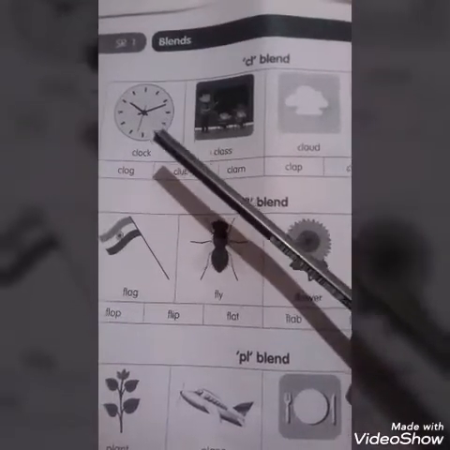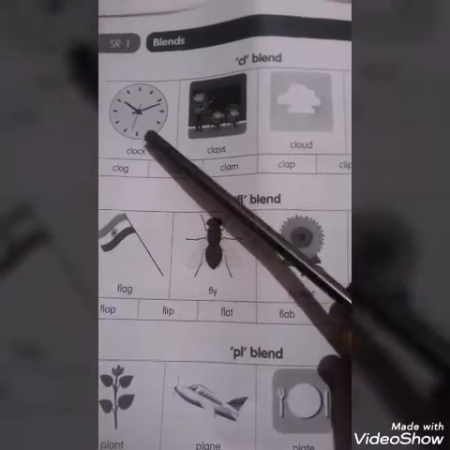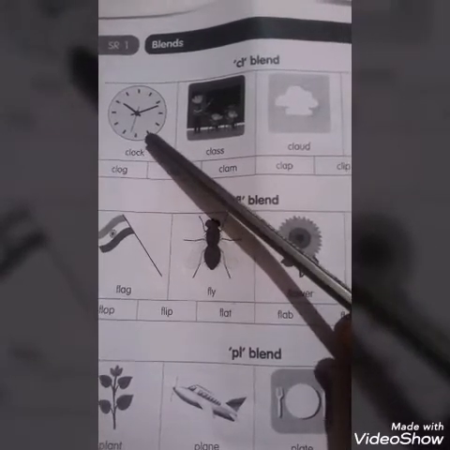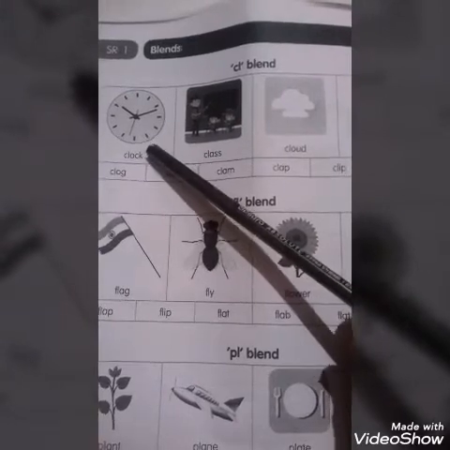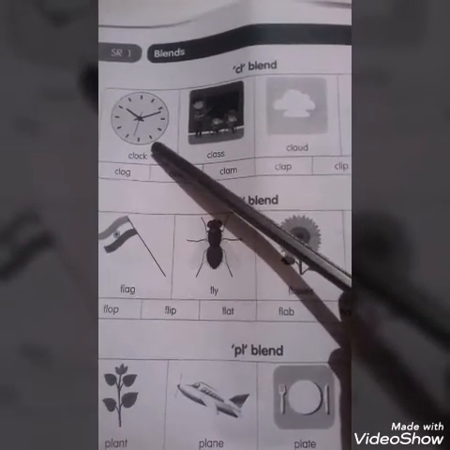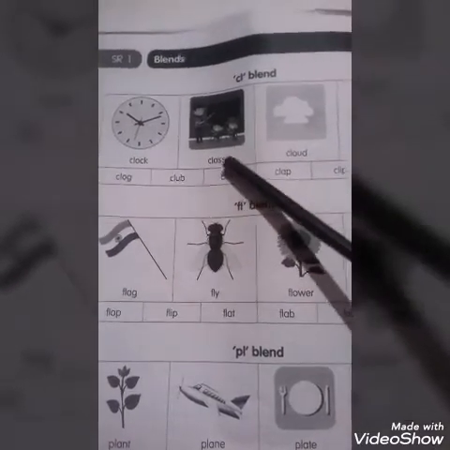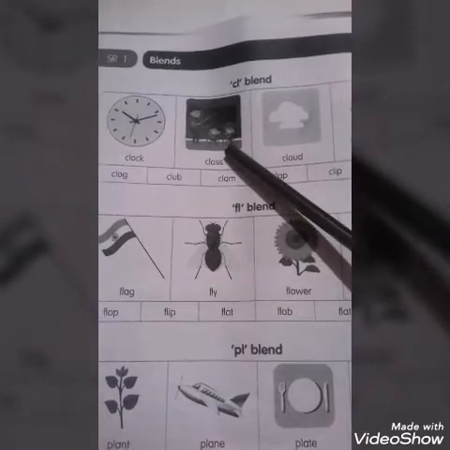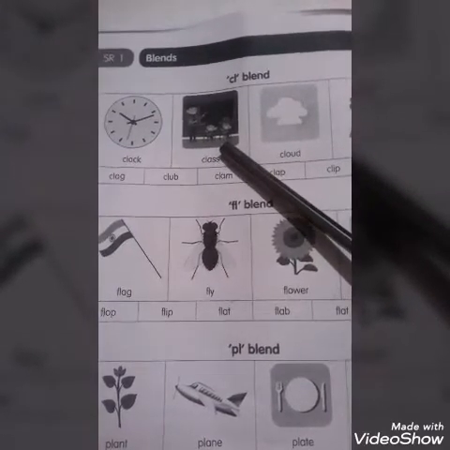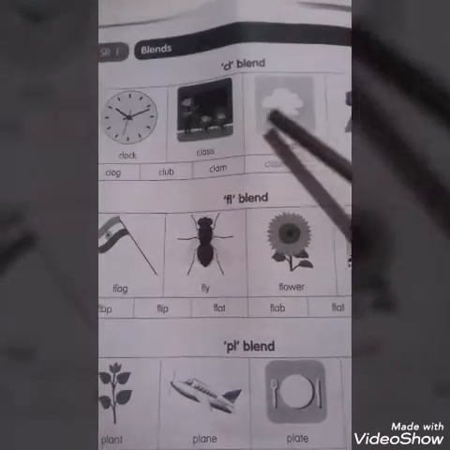Now, look at the picture and read, all of you, okay? What is this? Clock. What is this? Class.